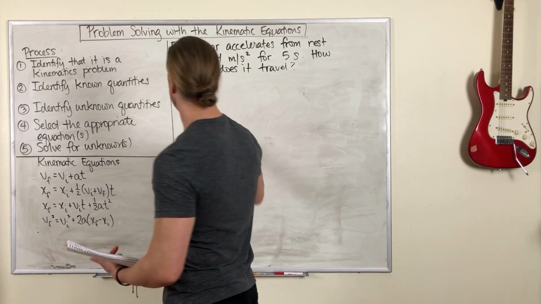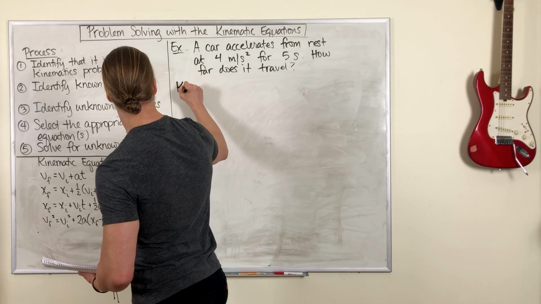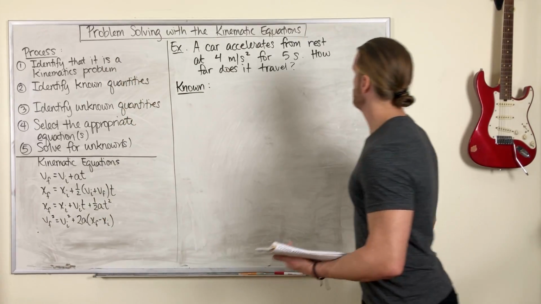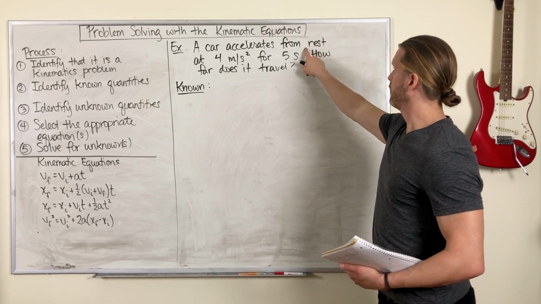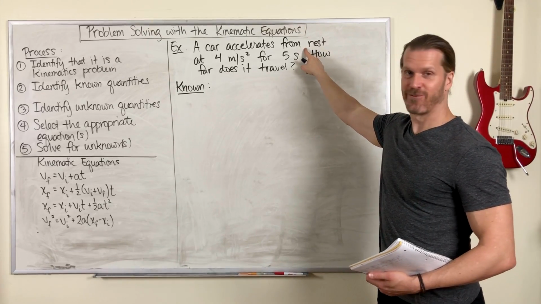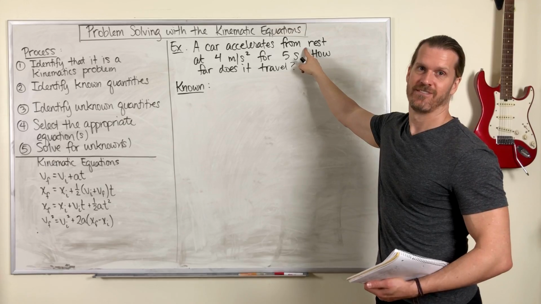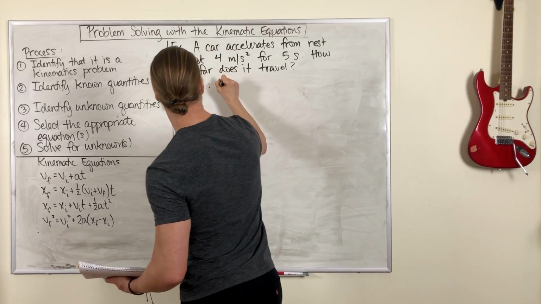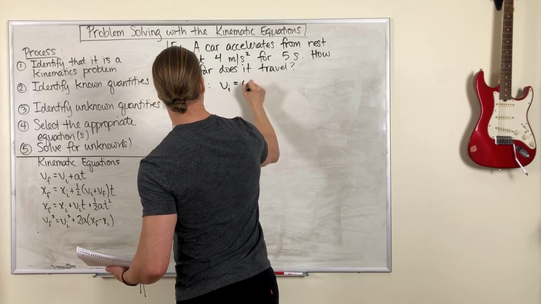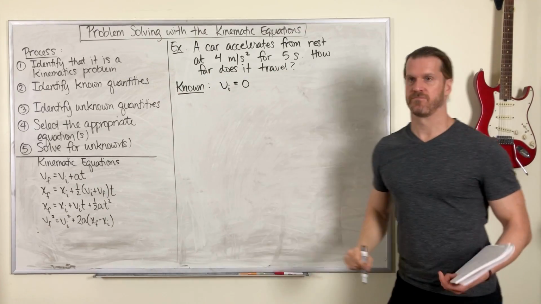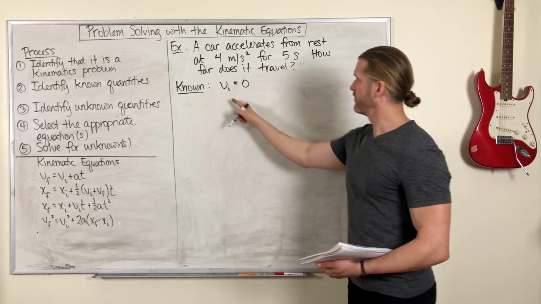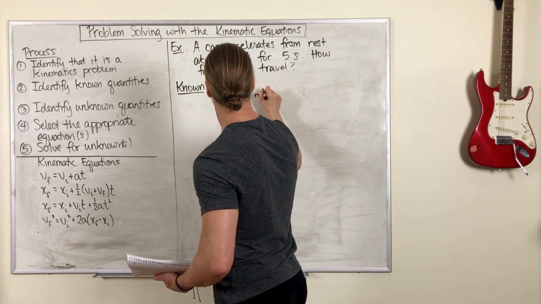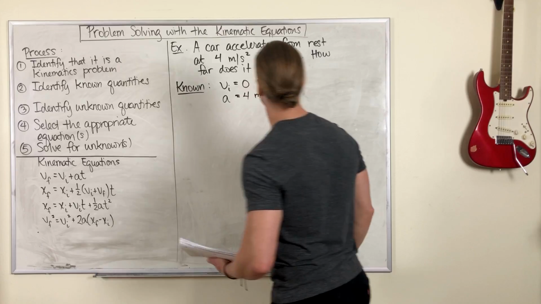Step 2, identify known quantities. First known quantity is written in words, not in numbers. It says the car starts from rest. That means that its initial velocity is 0. Next known quantity, acceleration is 4 meters per second squared.